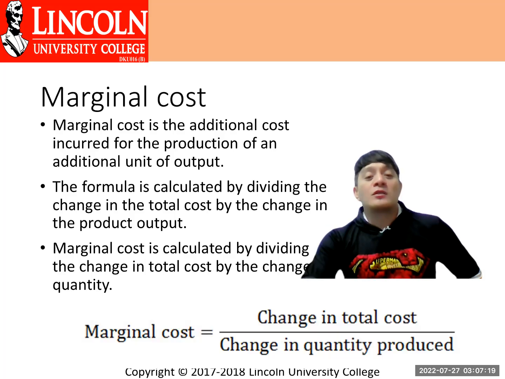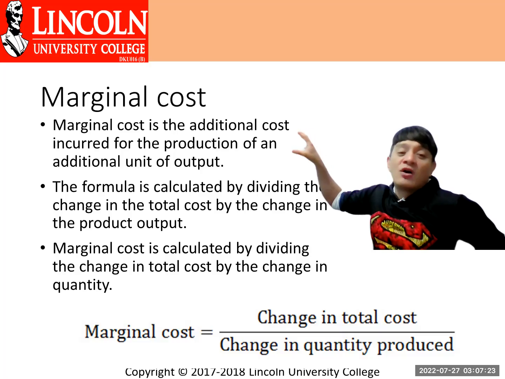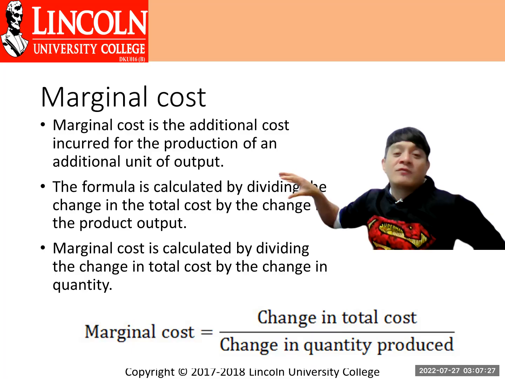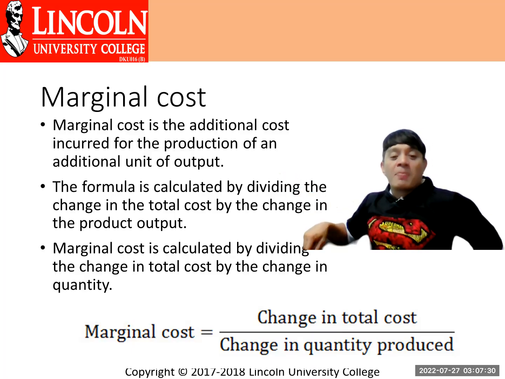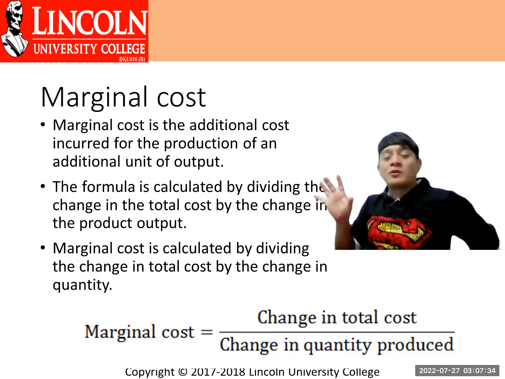So the marginal cost, on the other hand, is the additional cost incurred for the production of an additional unit of output. This is the formula: marginal cost is equal to the change in the total cost divided by the change in quantity produced.